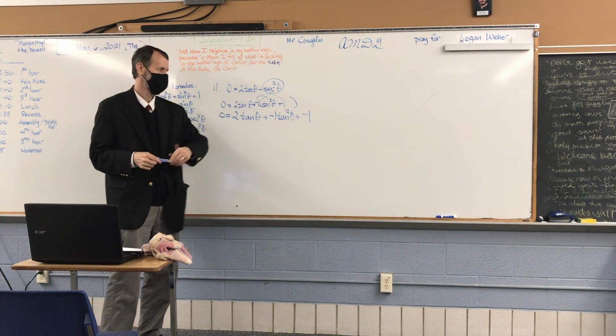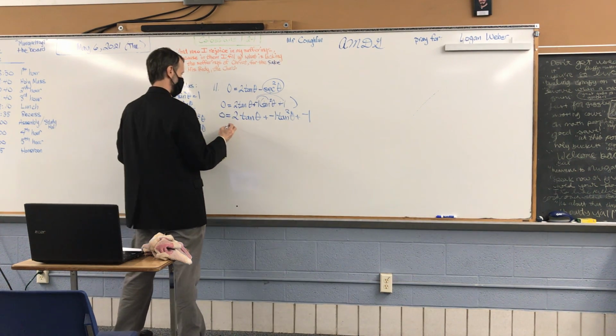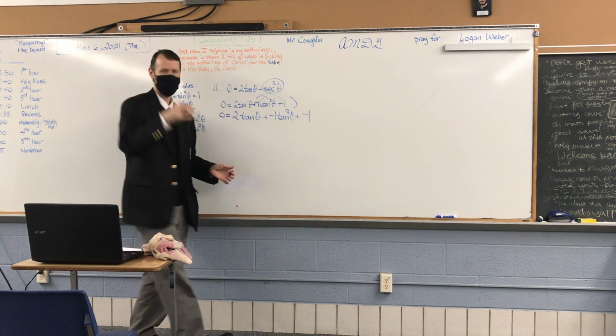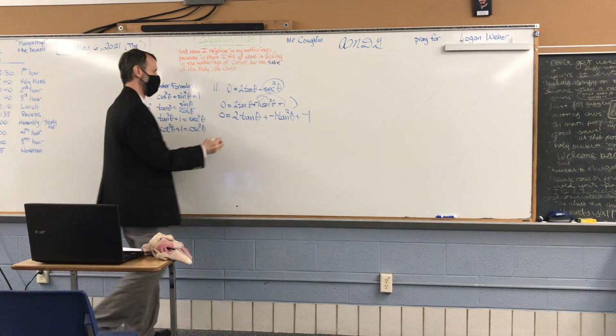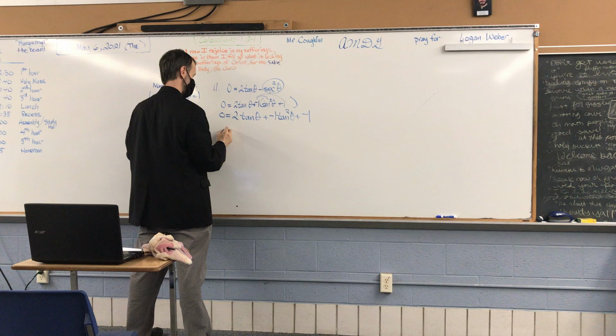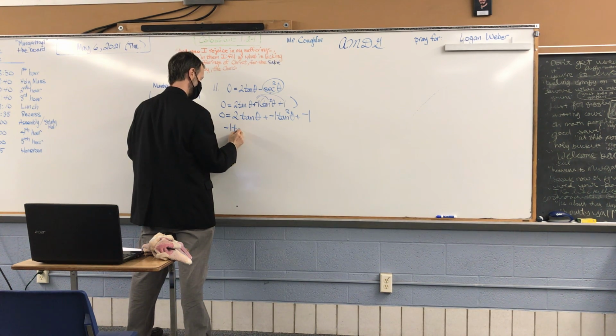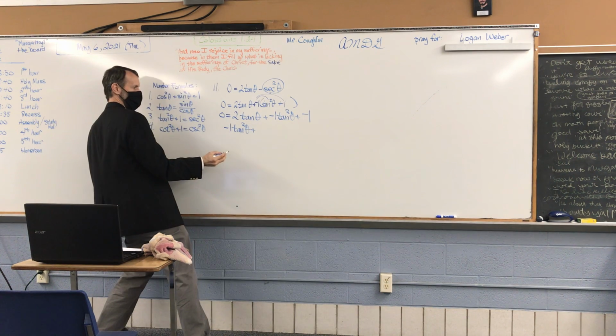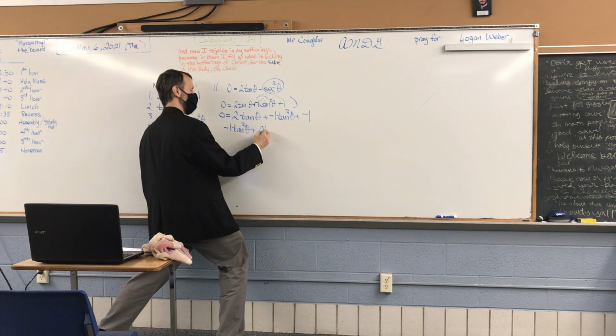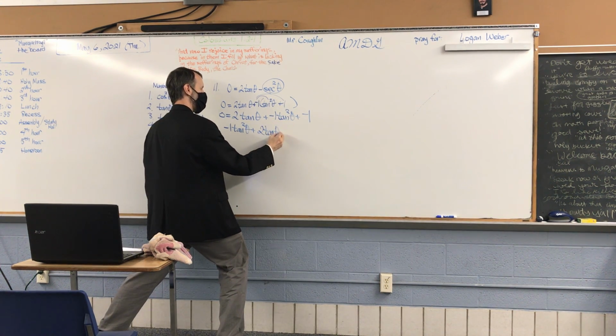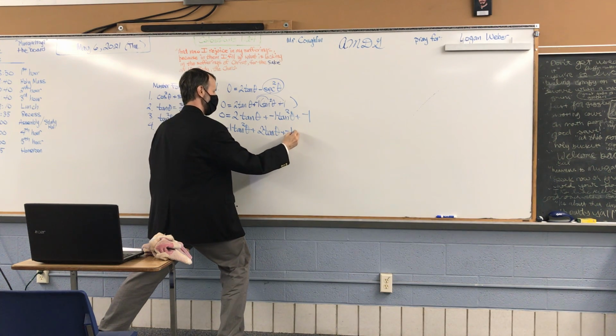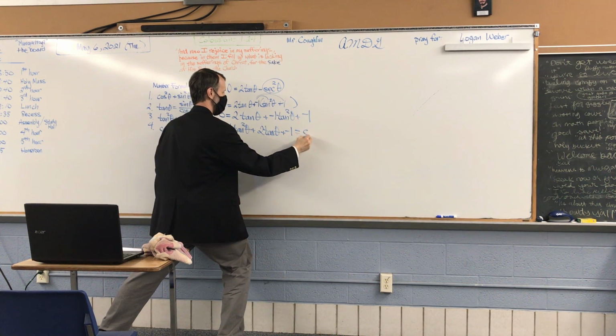Can you put this in order? I like to go from highest power to lowest power. So negative 1 tangent squared of theta plus 2 tangent of theta plus negative 1 equals 0, basically.